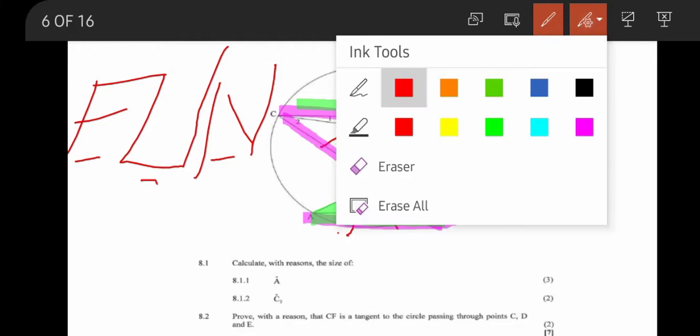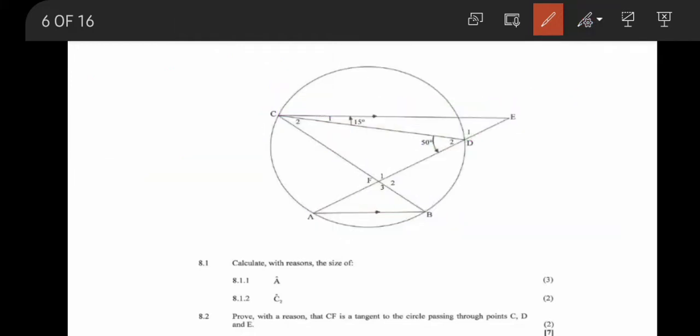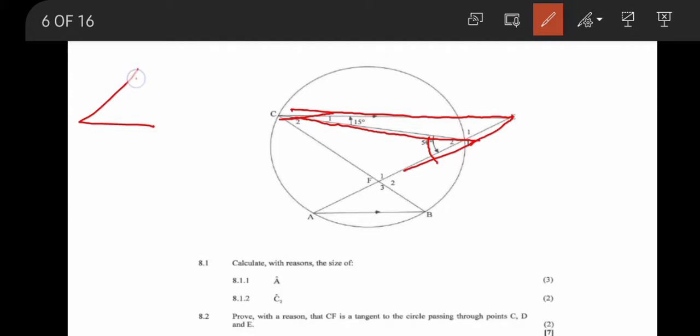But if you check here, this here is a triangle, CED. Then if you extend it here, you will see that this is an exterior angle of the triangle. Now we know from our knowledge of triangles that an exterior angle of a triangle must be equal to the sum of the two opposite interior angles.